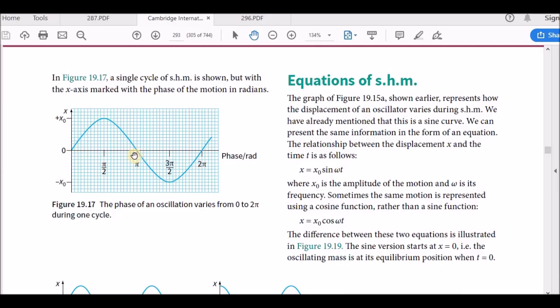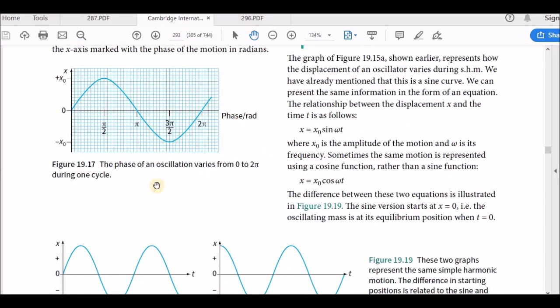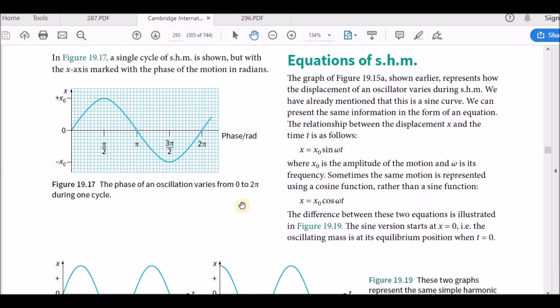Half a cycle is pi radians. So this is phase in radians. Here is the displacement. X0 is the maximum displacement, so we have positive displacement and negative displacement. The phase of an oscillation varies from 0 to 2 pi during one cycle.